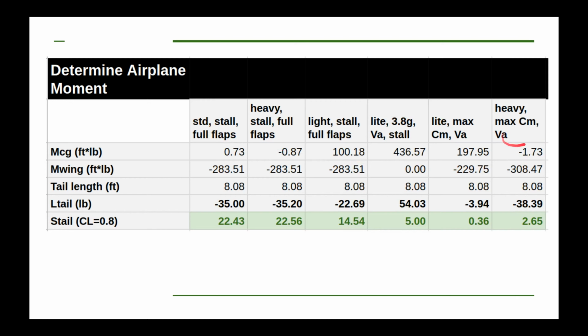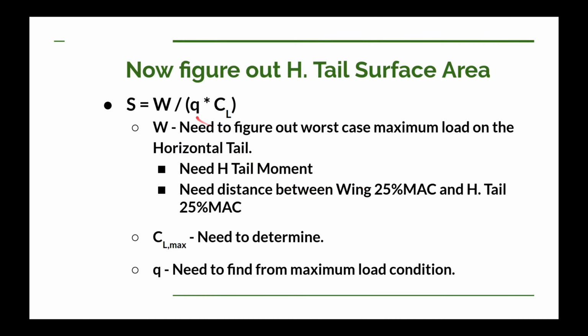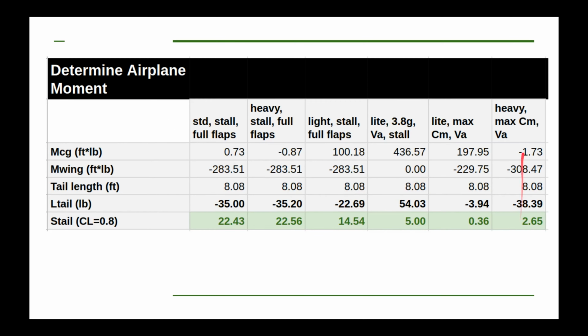That means our Q is going to be much, much larger. If you remember our equation up here, a large number in our denominator is going to make this result smaller. That's what we're seeing here. That large Q is making our result smaller. Our worst case condition is at stall with our heavy pilot, and we need 22.5 square feet.